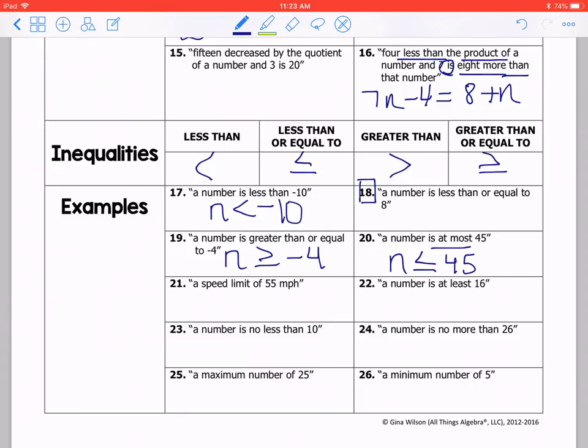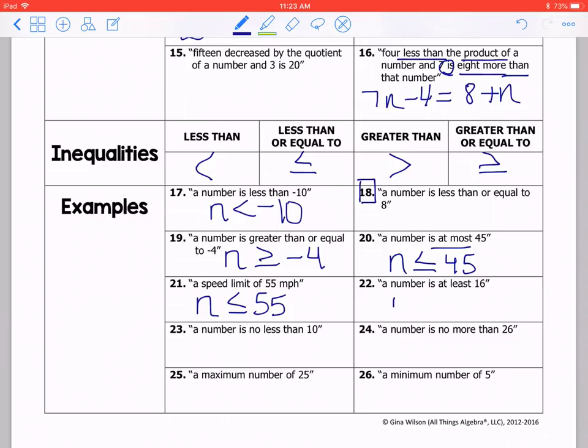Speed limit. You can drive 55 miles, but you cannot go over 55 miles. So we'd have n. If I can't go over it, it has to be less than, but I can drive 55, so it's equal to 55. 22, a number is at least 16.